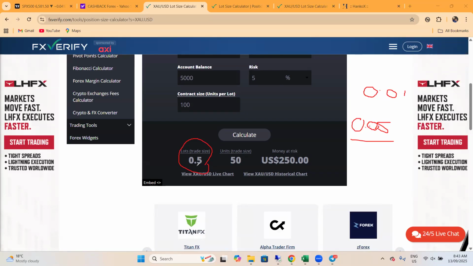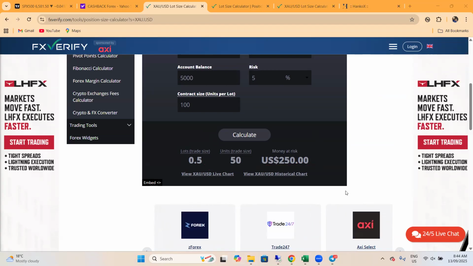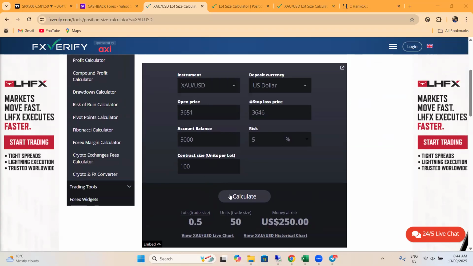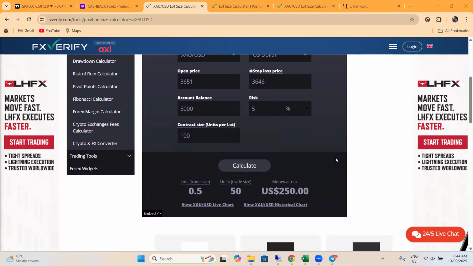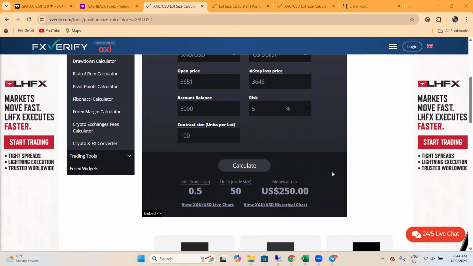Right here it's a 0.5, and that is the risk. Now put it in demo first to make sure. You'll soon figure it out if the broker has a larger or smaller unit per lot.